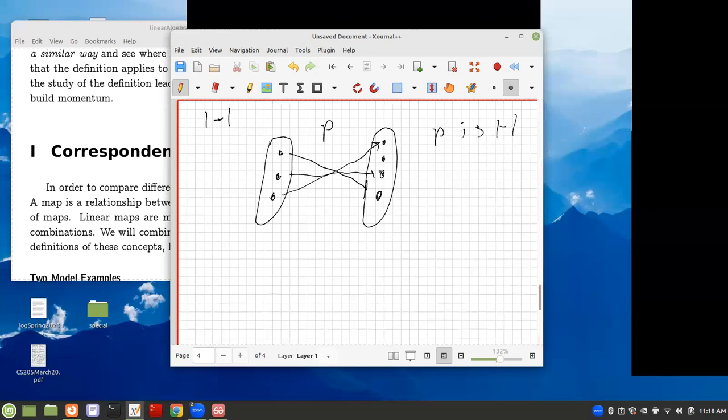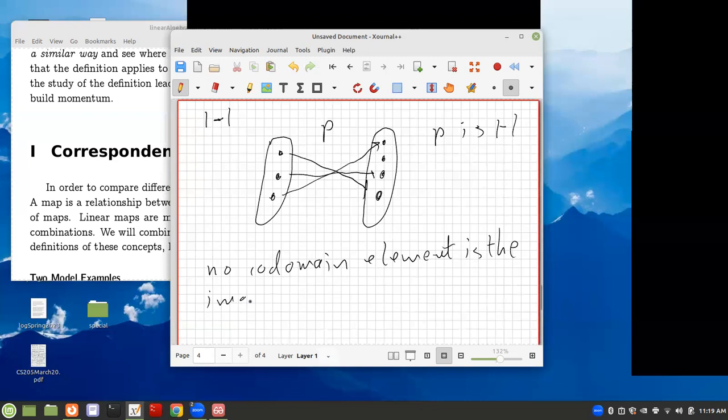One-to-one means that no codomain element is the image of two different domain elements.